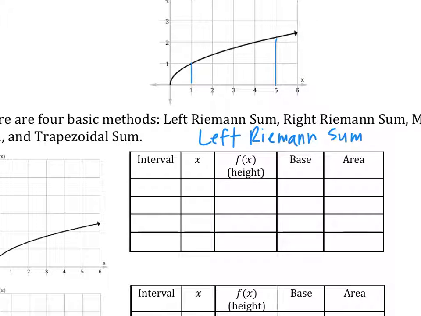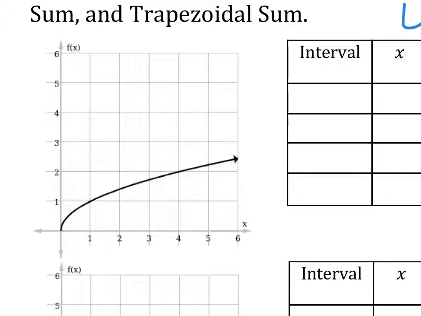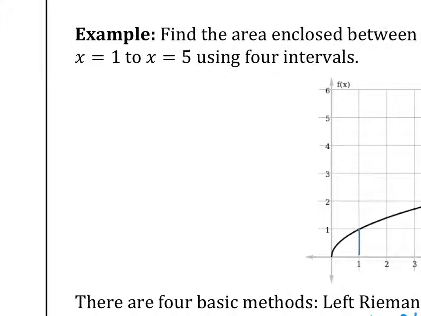Okay, left Riemann sum means we are going to create rectangles where we use the left-hand side of the rectangle as the height. Okay, so they want us to do this between 1 and 5, where we are using 4 intervals.